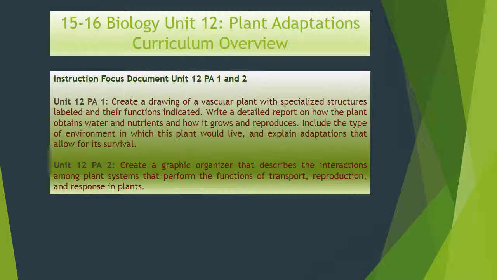Okay, now looking at our performance assessments, we can see that there are two performance assessments that should be covered over 8 days. However, my suggestion to you would be to combine PA 1 and 2 into one PA.